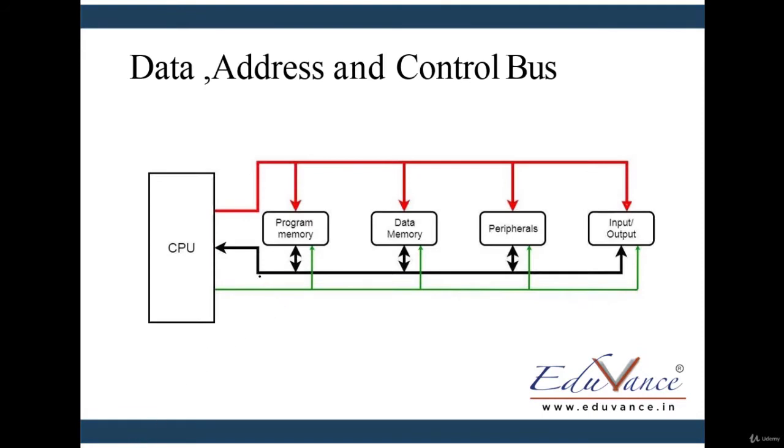The basic brain of a microcontroller or microprocessor is the CPU or central processing unit, which you can see here. If you have a microprocessor, you can see these red, green and black lines. These will be external to the CPU.